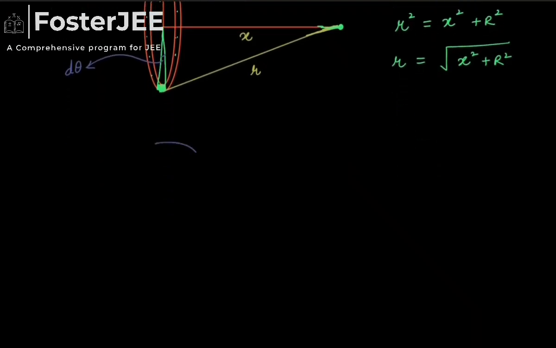It will become like this if we draw it in 2D. This is a symmetrical ring. This is the center of our ring. Suppose our element is here. This is our element, and it subtends angle d theta. So this is d theta.